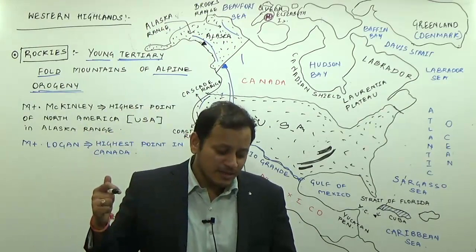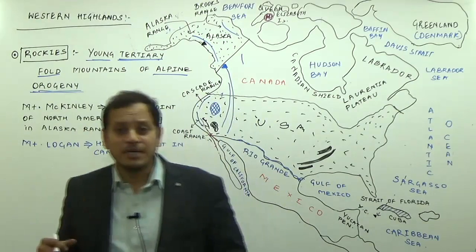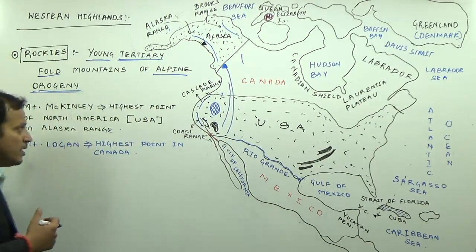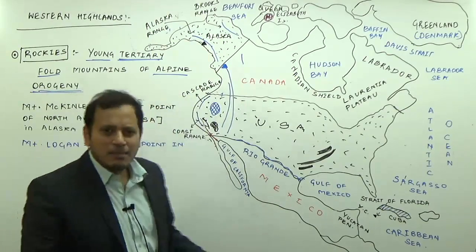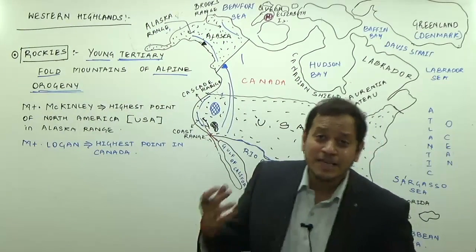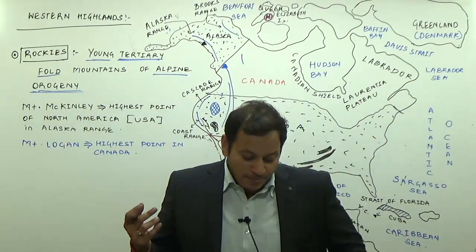You know the answer is in North America. Now, because the Rockies are a collection of so many mountain systems, they are known as the Rockies Cordillera. Cordillera means a collection of different mountain systems.